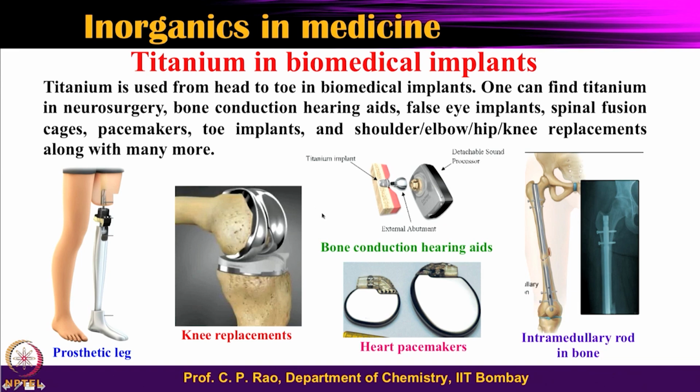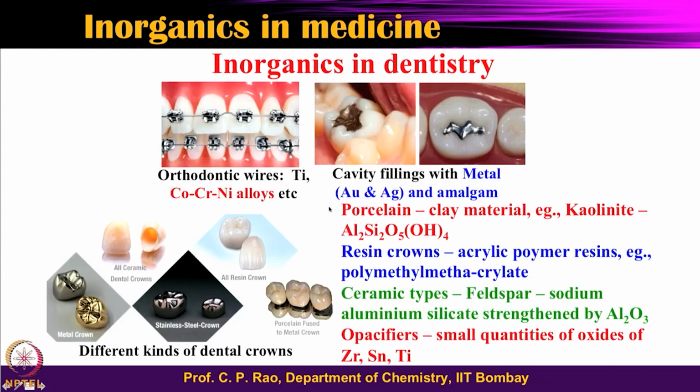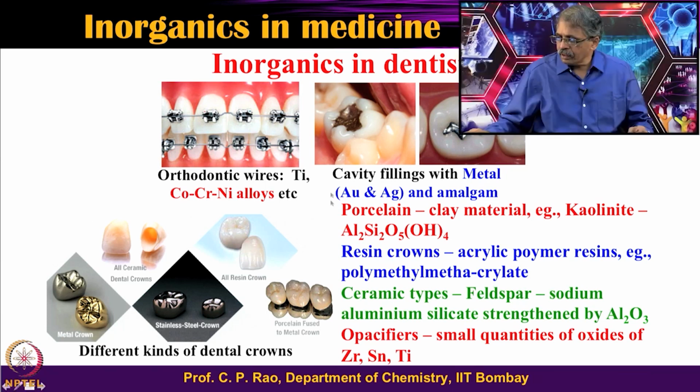So, therefore, this is quite well acceptable by the tissue, and therefore, that has been used. Now, let us look at another example where inorganic compounds, inorganic metals, inorganic items play a great or important role.